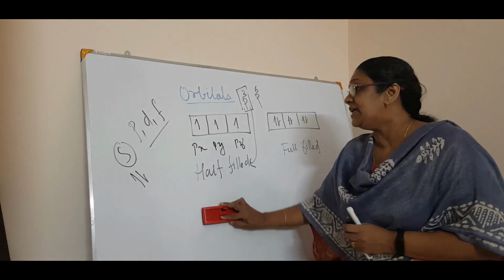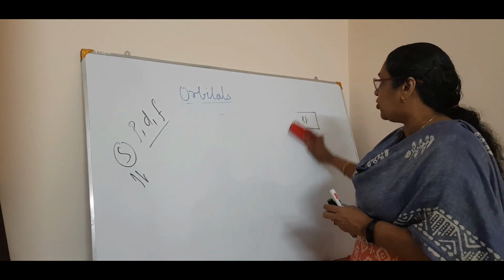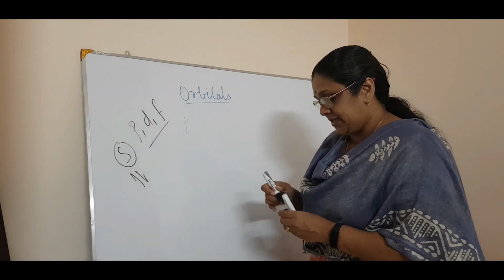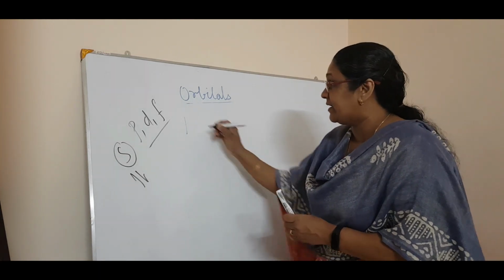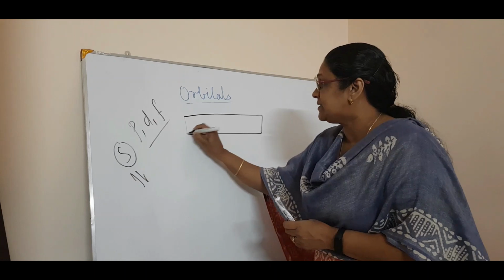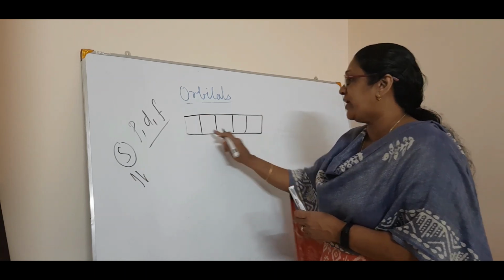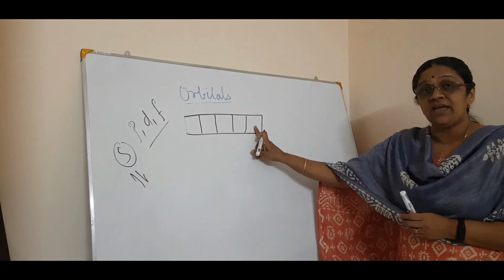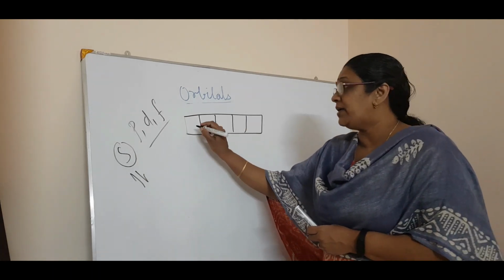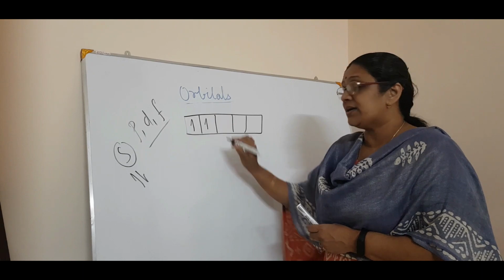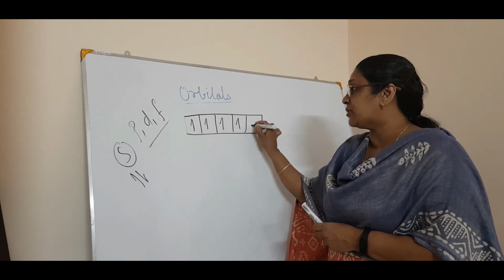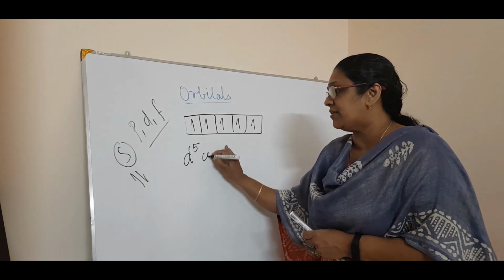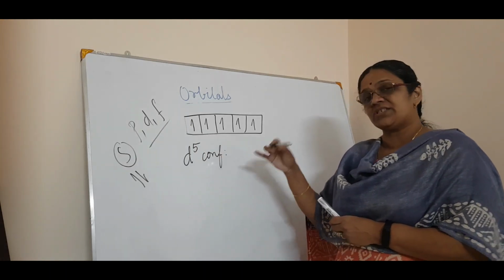If we take the d orbital, it has 5 orbitals: dxy, dyz, dxz, dx square minus y square and dz square. With 1, 2, 3, 4, 5 electrons, we will study the configuration in 12th standard.